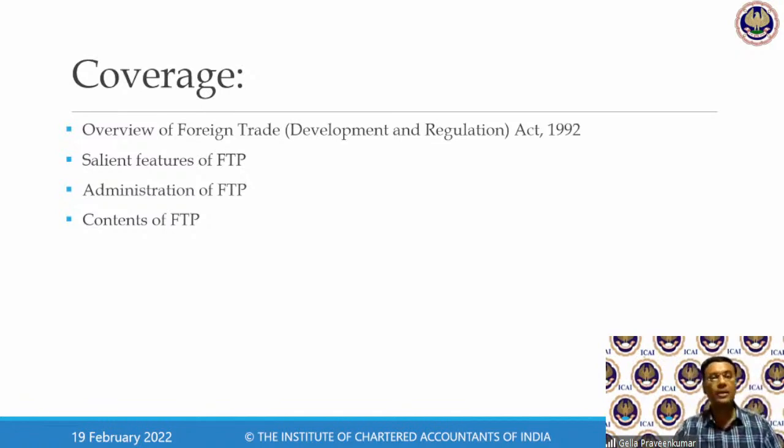This is covered in Volume 2. Then there is something called classification of import and export items, which is called ITC, in short for Indian Trade Classification. We have studied under customs law the HSN, Harmonized System of Nomenclature. The same coding in HSN is copied into my foreign trade policy, but the term they use is ITC.